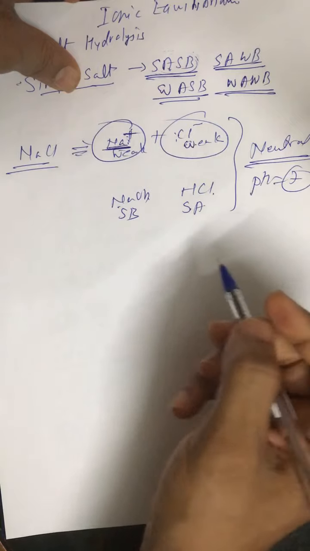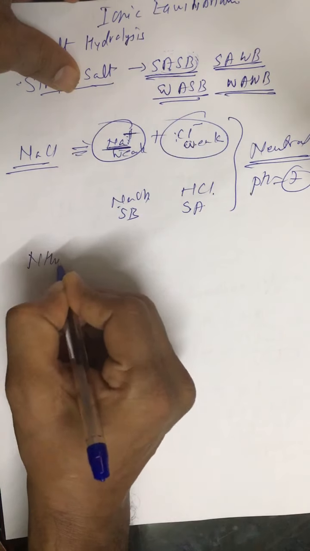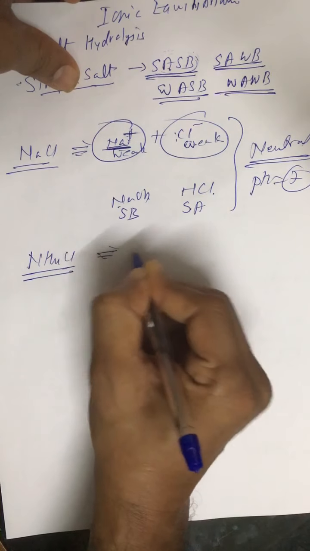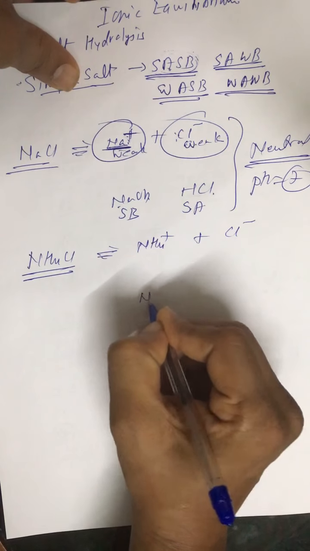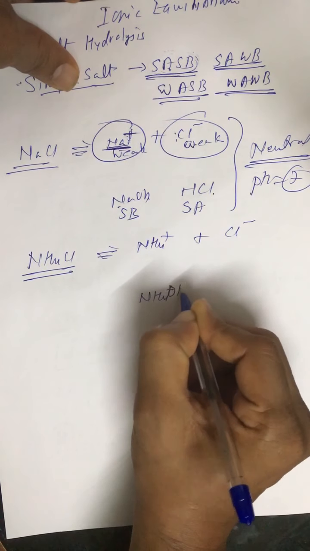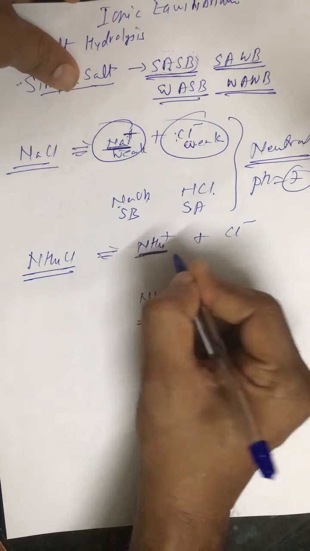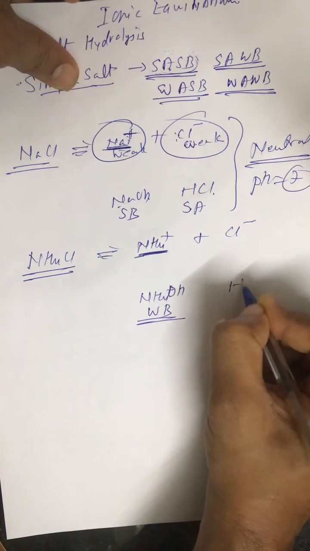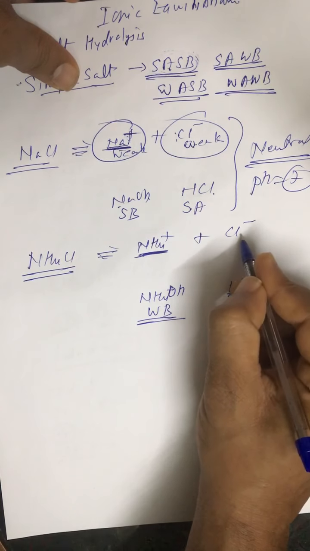Then comes strong acid, weak base salt. Look at an NH4Cl type of salt. Here we have NH4 positive and Cl negative. NH4 positive comes from NH4OH, which is a weak base, so this conjugate part, NH4 positive, is strong, and Cl negative comes from HCl, a strong acid, so its conjugate part is weak.